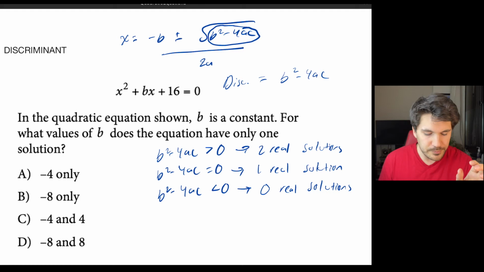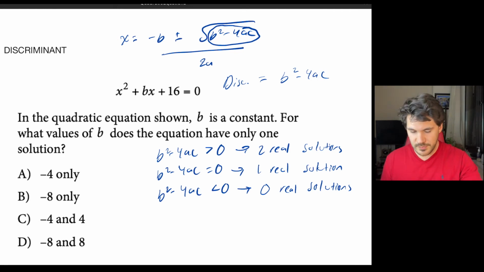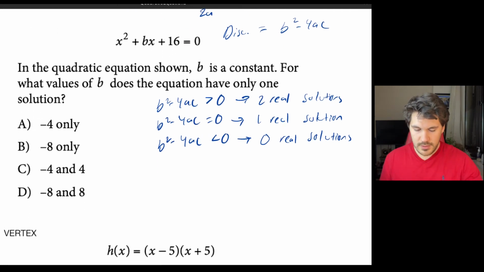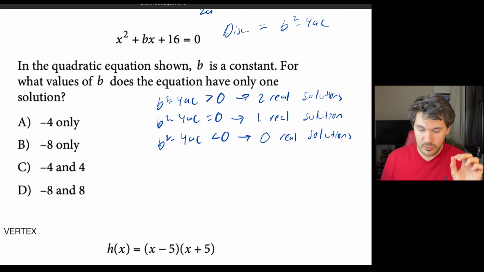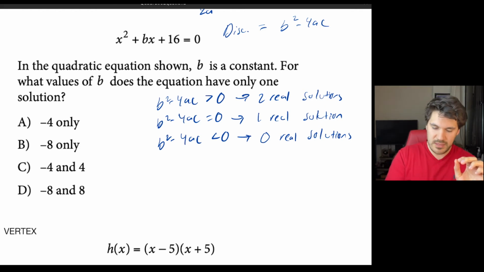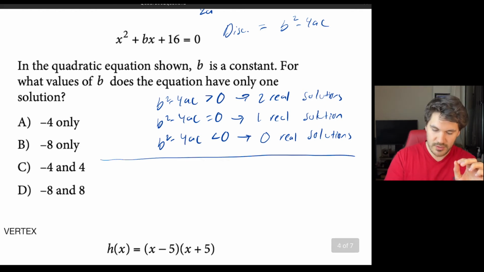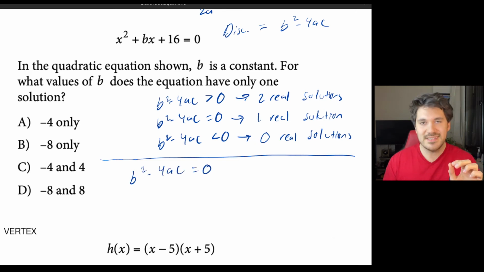Cool. So in this question, they're asking, for what values of b does the equation have only one solution? And again, we're talking about just real solutions. So they're telling us the equation has only one solution. That means, for the purposes of this question, b squared minus 4ac must be equal to 0.